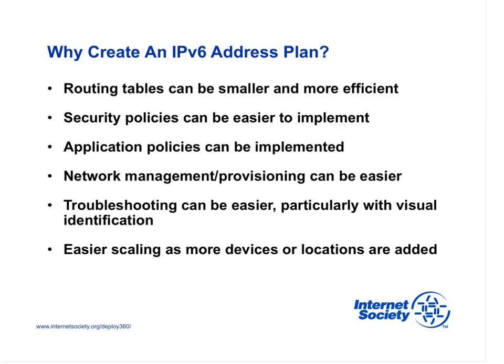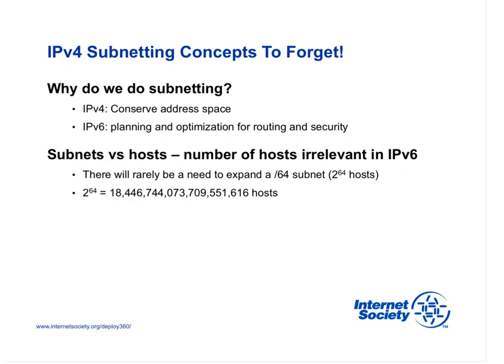Now, one of the things when we move to IPv6, and I think Hisham said that at the beginning, is that we have to undo some of the thinking that we have typically had. When we're in IPv4, we're typically thinking about subnetting and address planning as a way to conserve, to maximize the amount of address space that we have.